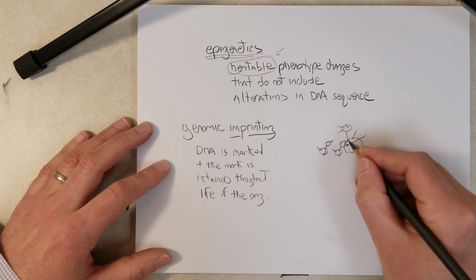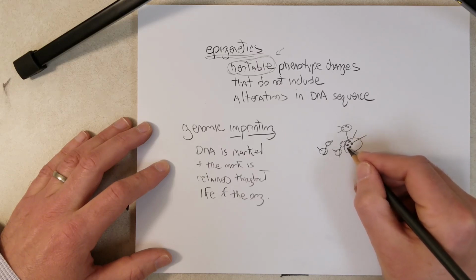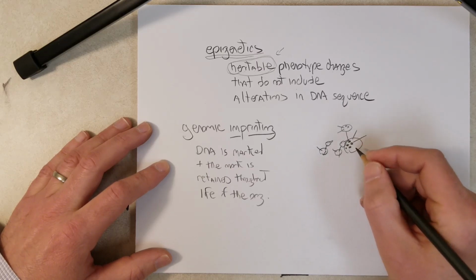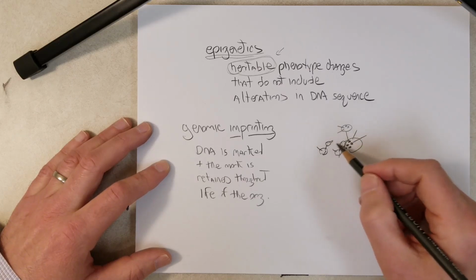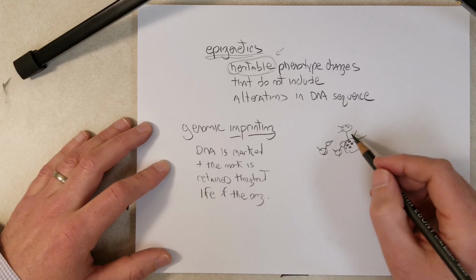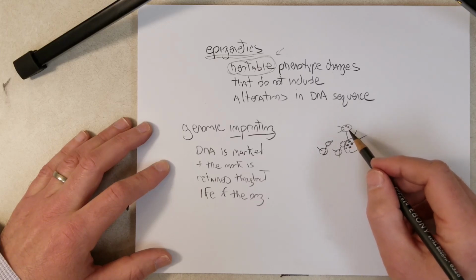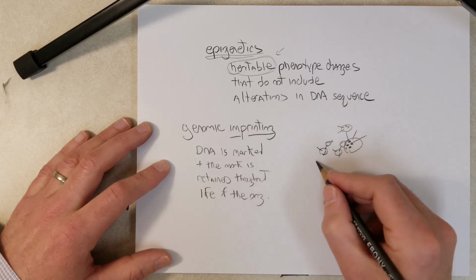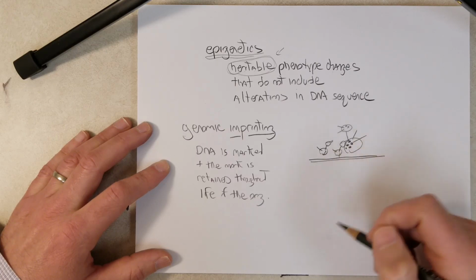Let's say this mom bird here, or dad bird, has some funny marks on it, and the birds will notice these marks, and that way they'll be able to know which individuals are their parents and which are not. At least that's how I think imprinting works in birds.